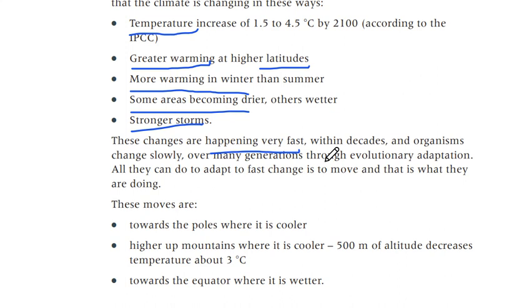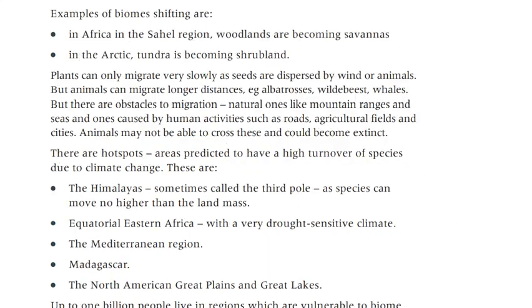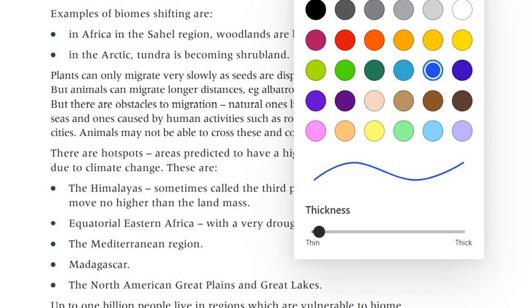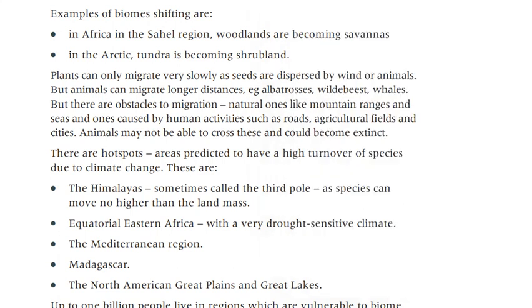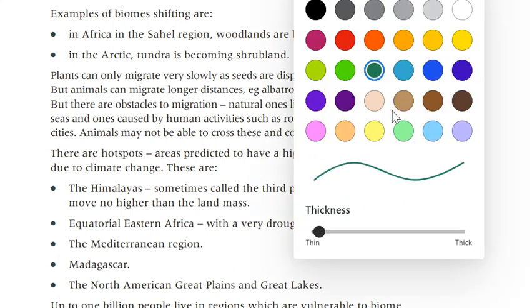Decades, being 10 years, is not a short time. So what happens is these biomes move towards the poles where it is cooler, also up in the higher altitudes, the mountains, and of course towards the equator. There are very important biomes which are really shifting, and a drastic change can be seen in them.